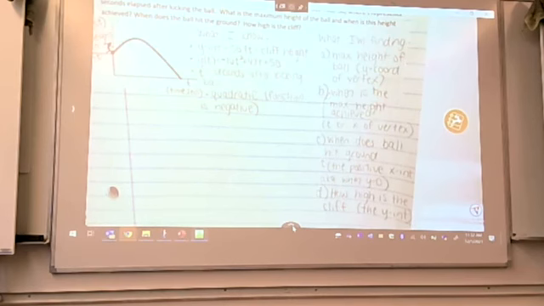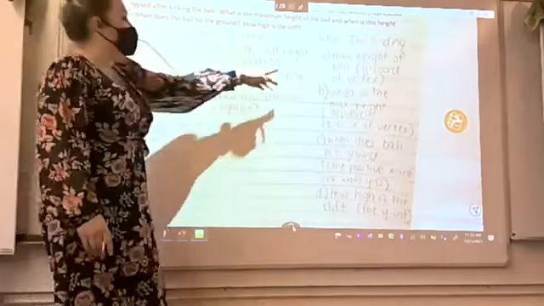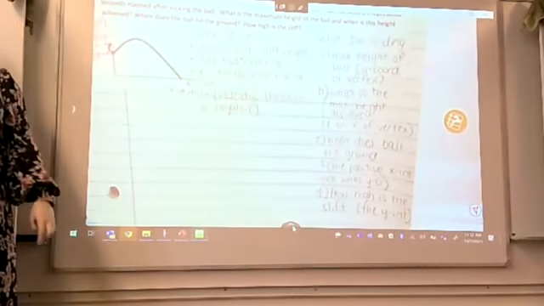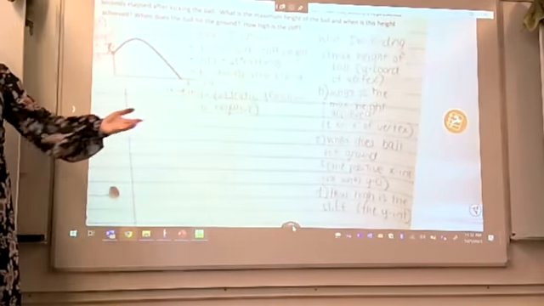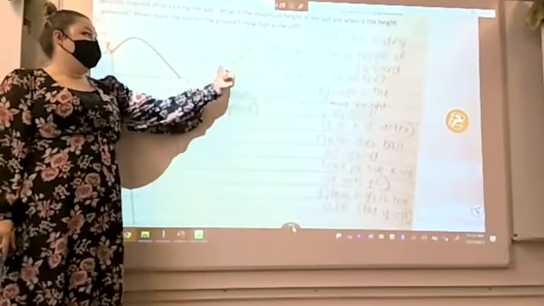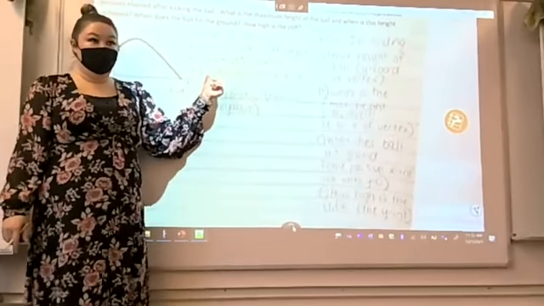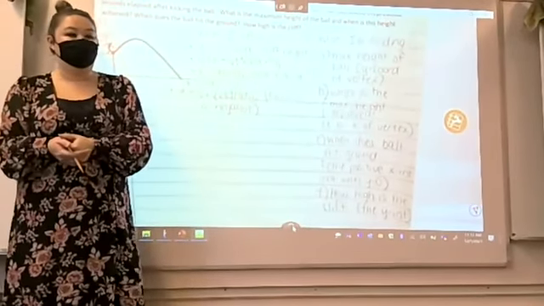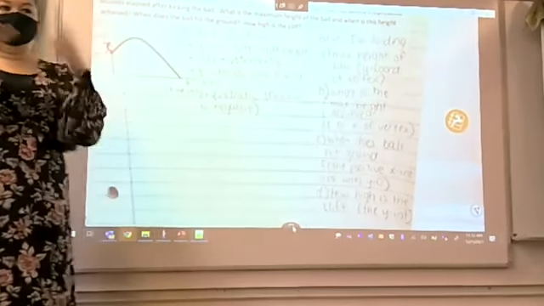By the way, for those who are like, I have no idea where to start with part A, somebody help them out. Let's just talk about what you would do. We know for part A and part B, you've got to find the vertex. How do you find the vertex? The axis of symmetry. Does anyone remember what that equation is? Negative b over 2a. What is that negative b over 2a going to give you, generally speaking?